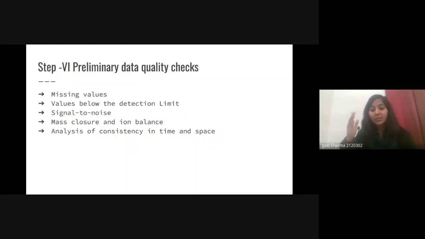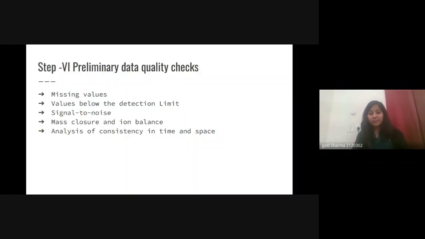If it is giving you a concentration of organic matter less than 1 gram, that means you have some error in your instrument, because the detection limit is 1 gram. Then how can it give you a value less than 1 gram? So you have to remove those values that are below the detection level.